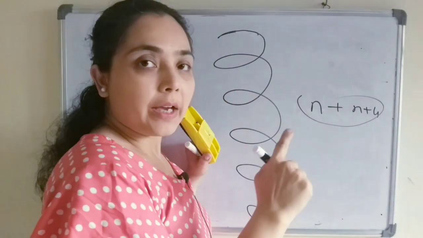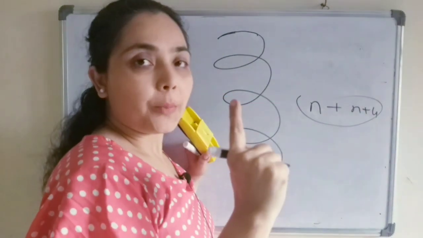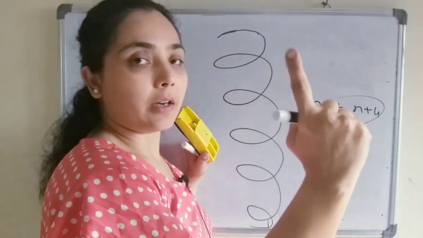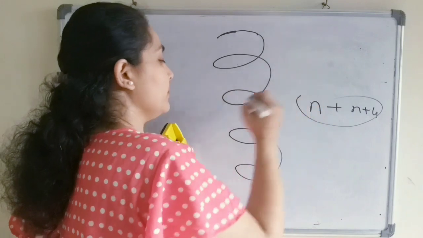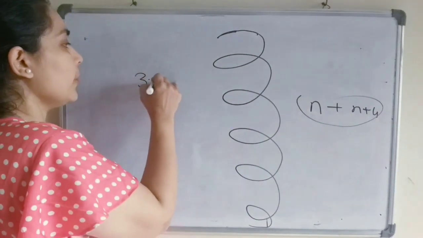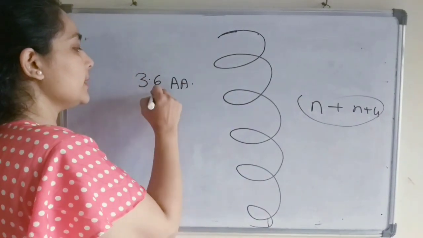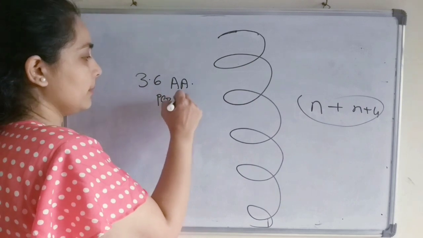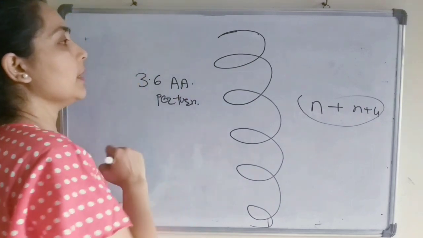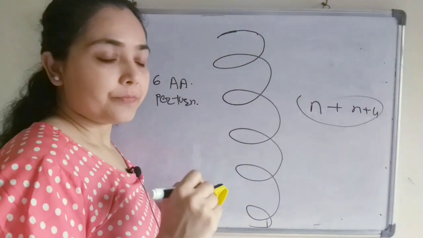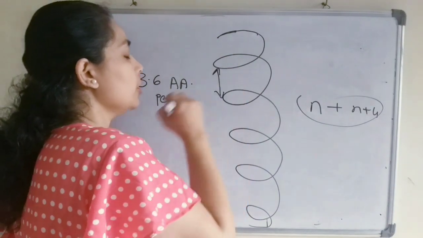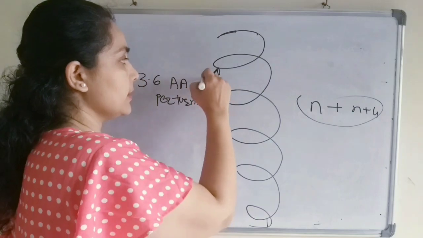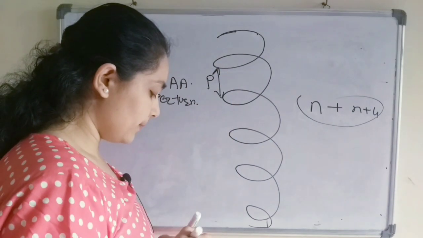Here the number of amino acids present in one turn of the helix will be 3.6 amino acids per turn. Then the pitch. What is the pitch? Pitch is the distance between two turns of the helix. This is the pitch.